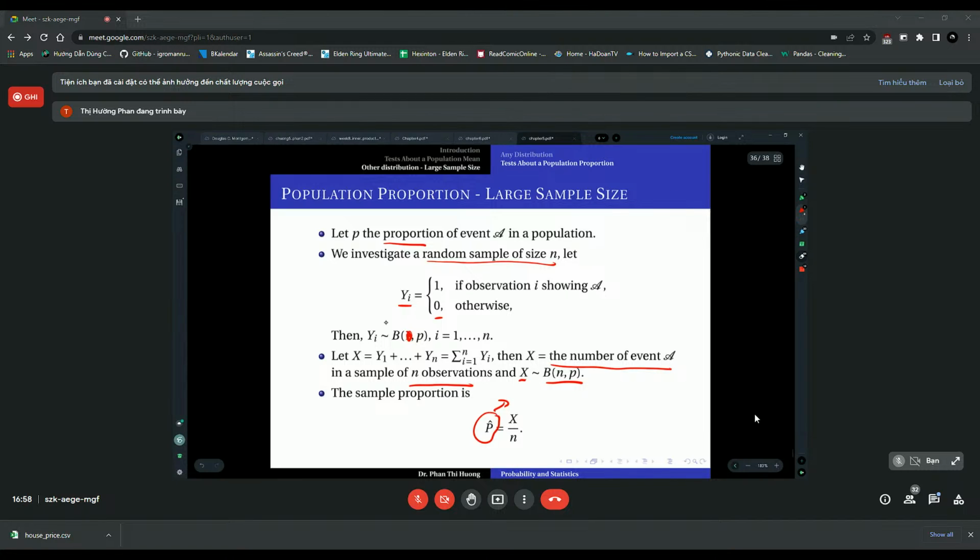So finally, we have E of p hat equals p, and the variance of p hat equals p(1 minus p) over n. Okay.